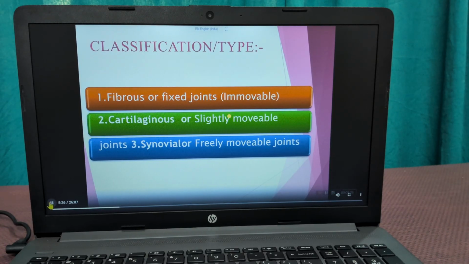There is a fluid present, known as synovial fluid, and also an articular capsule. Due to the fluid and the cavity filled with synovial fluid, these joints are freely movable.